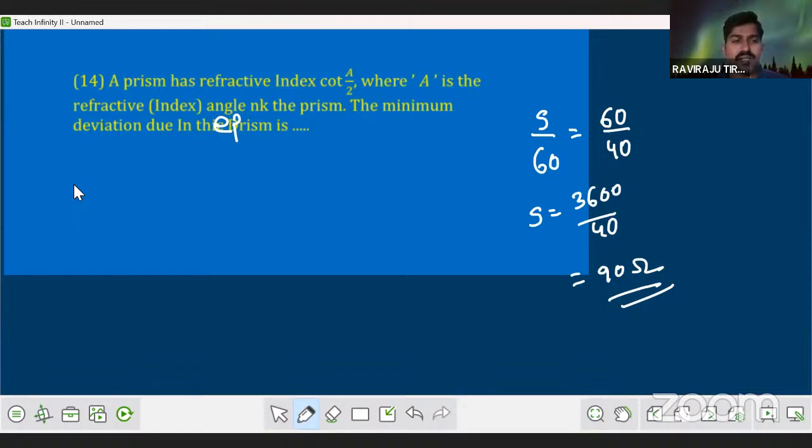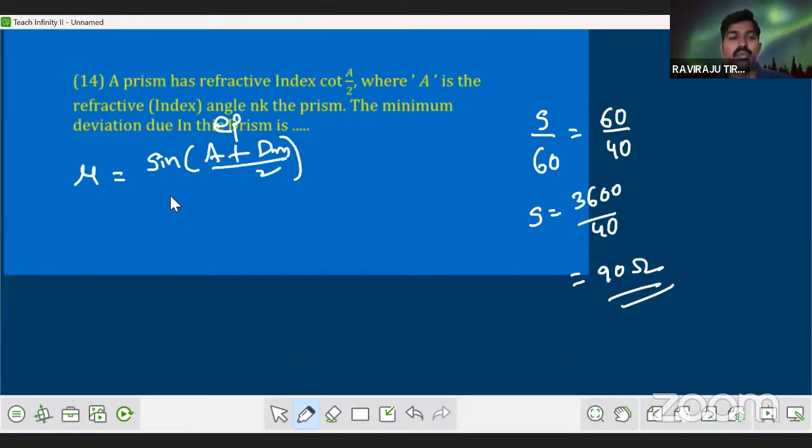Okay. What is the general formula involving minimum deviation? Mu equal to sine of A plus minimum deviation by 2, by sine A by 2.